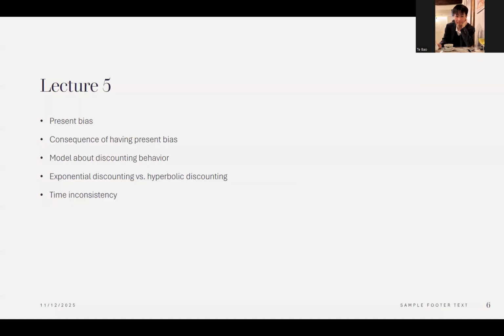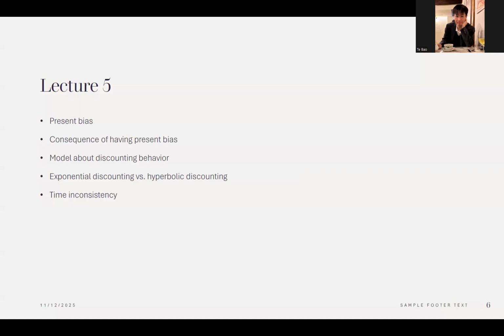The structure of this kind of problem is like this. Suppose you have two options A and B, between now and tomorrow, and C and D between 100 days later and 101 days later. Time consistency basically means that if you choose A over B, you choose C over D, or if you choose B over A, you choose D over C. That's consistent: either you always choose later or you always choose earlier.